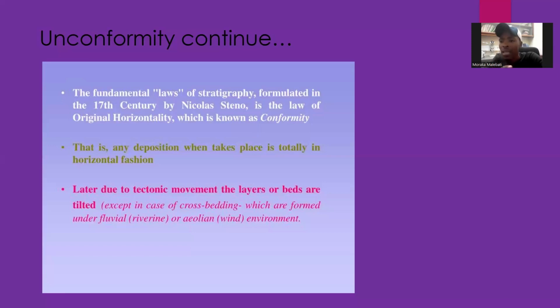Initially, if we close our eyes and think what could have happened 10 billion years ago, we would say that originally the layers must be deposited horizontally in all directions unless they get tilted. So if we see them tilted, it means they were affected by tectonic deformation.